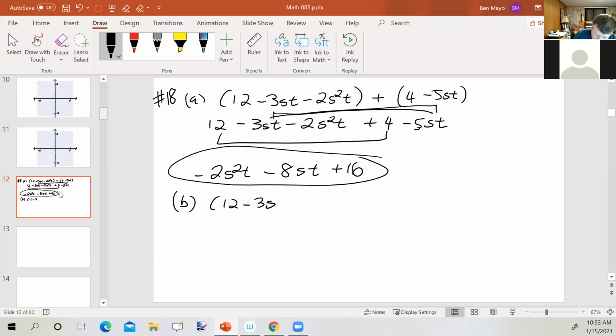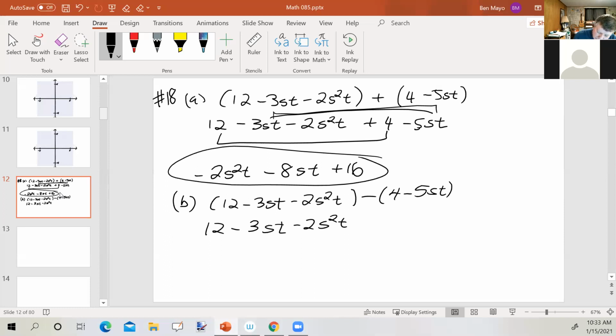All right, part B, it's the same problem except instead of adding the two polynomials, we are subtracting them. So we're still going to get the same thing in front because there's nothing in front of that first group. But now we're going to distribute the subtraction. So that's like taking negative 1 times 4. So minus 4, and then minus times minus is plus 5st.